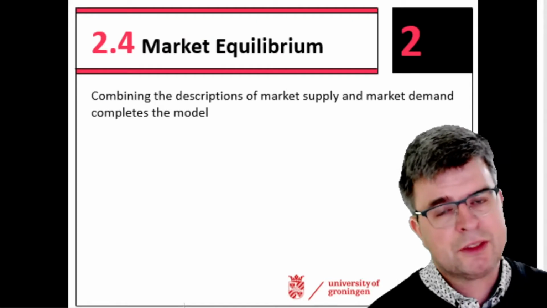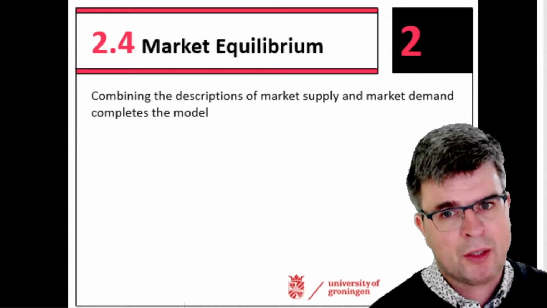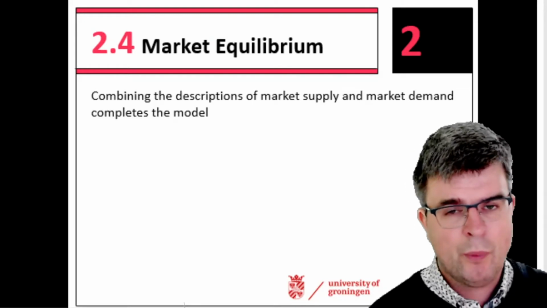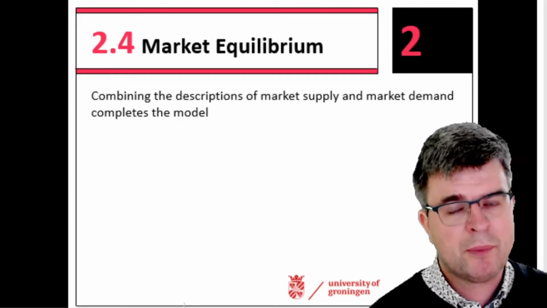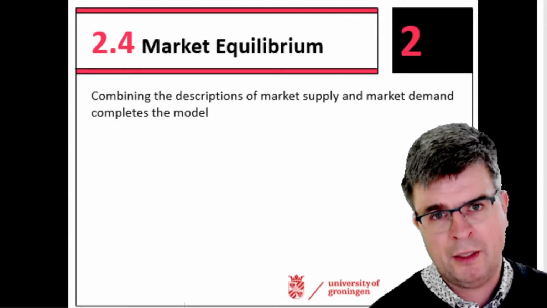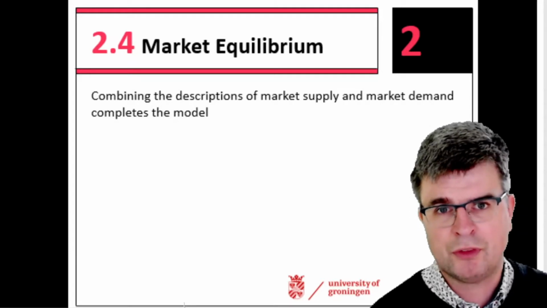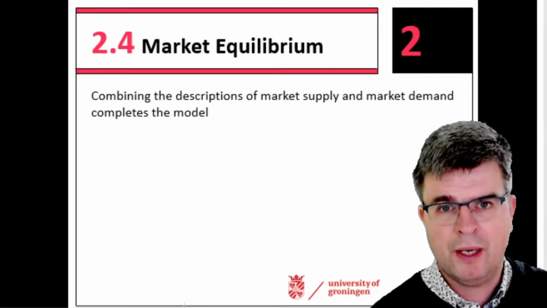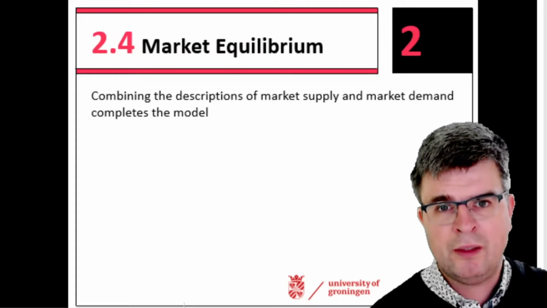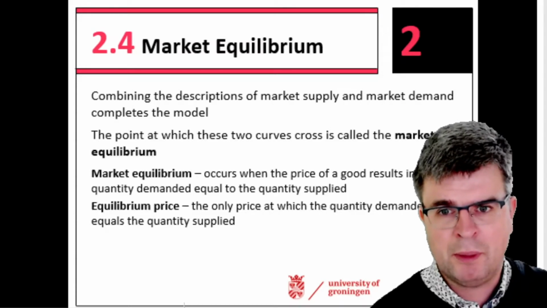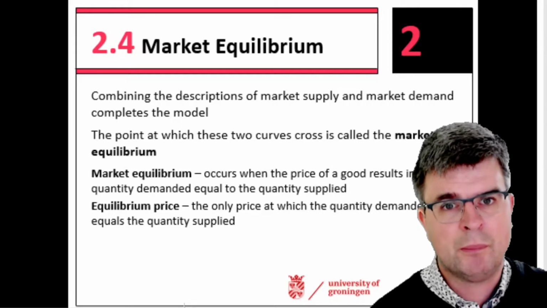And this brings us to determining the market equilibrium. To determine the market equilibrium, we combine the supply and demand and the mathematical descriptions of the supply and the demand function to get at the quantity where supply equals demand. And that is called the market equilibrium.